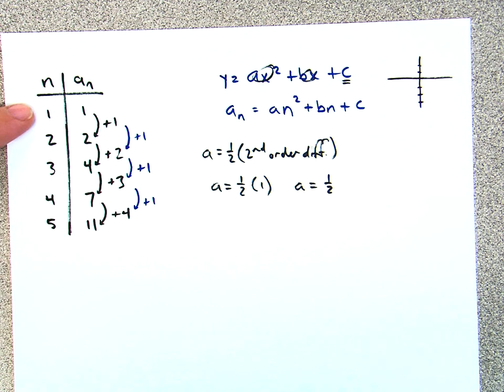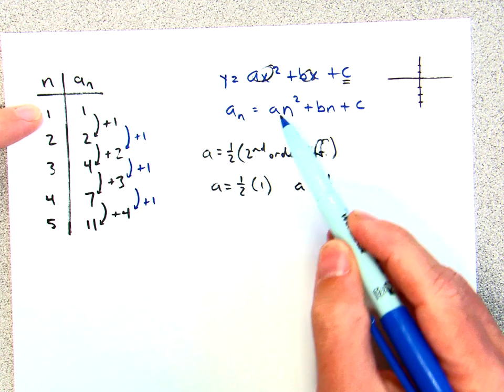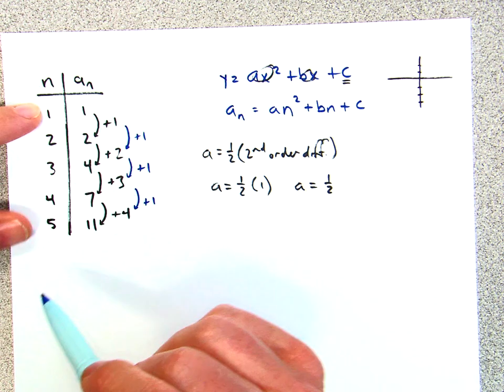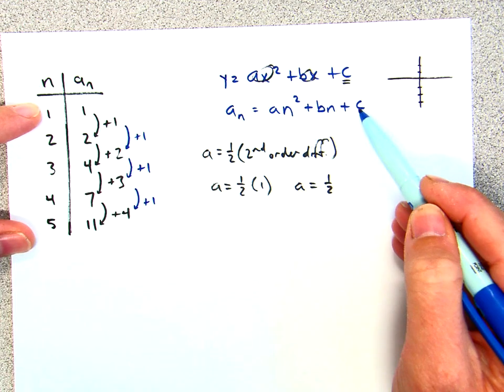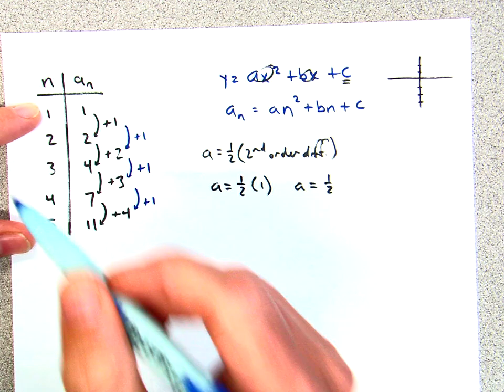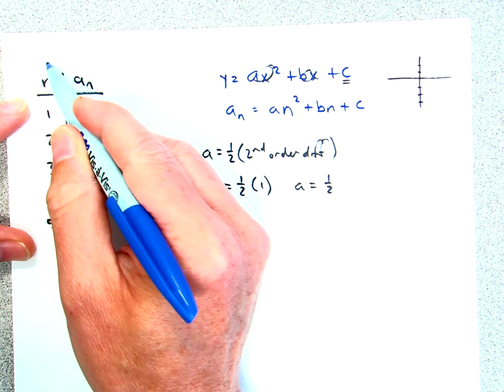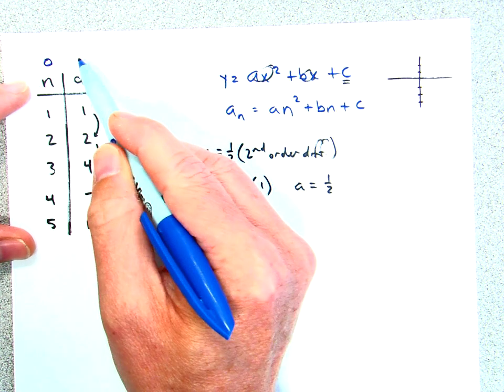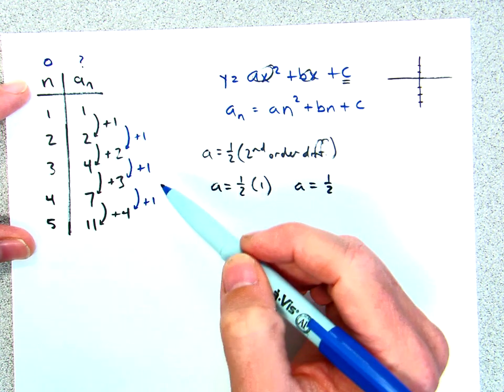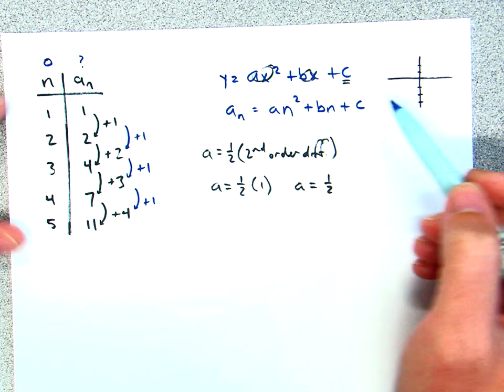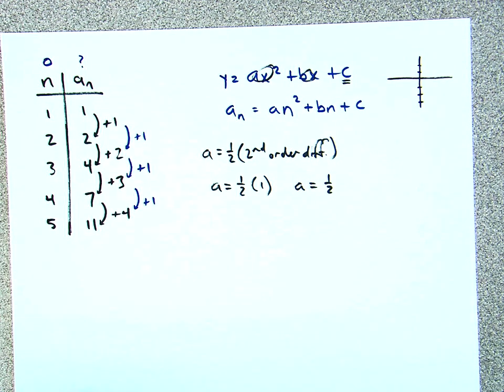Now, the problem is we know that n or x is 1, 2, 3, 4, 5. We want when n or x is 0, which would be essentially the value right before it. I'll put it up here. So if we knew this value that went with it, then we would know C, because it would be the y-intercept.